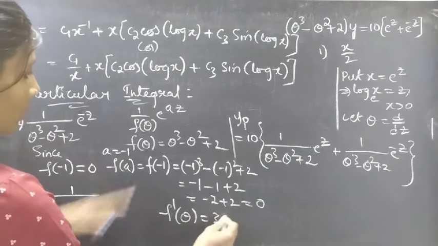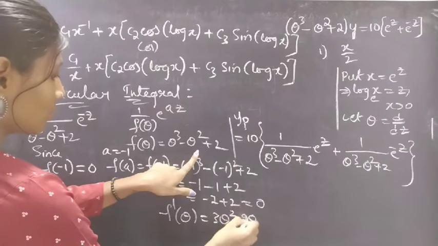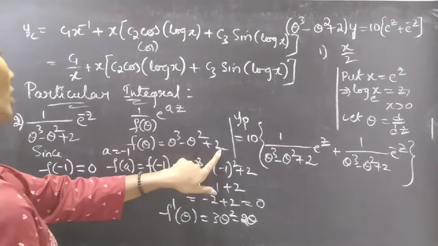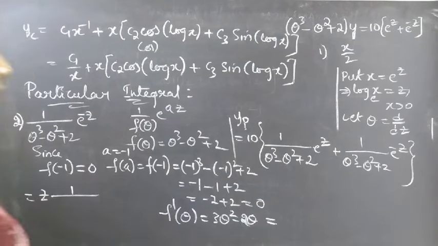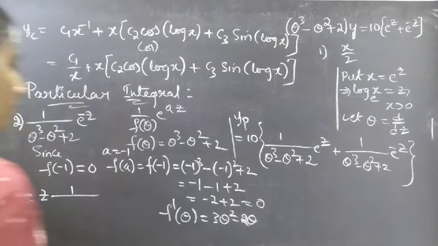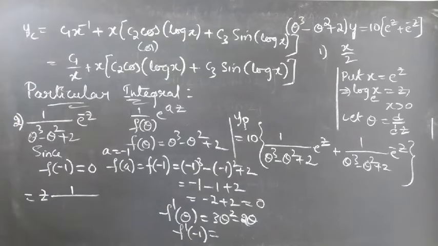This is equals to 3 theta square minus 2 theta, and derivative of a constant with respect to z is 0, right? Now let's find f dash of minus 1.